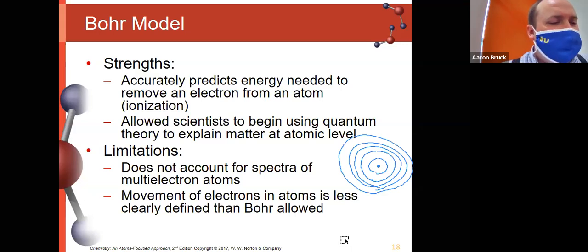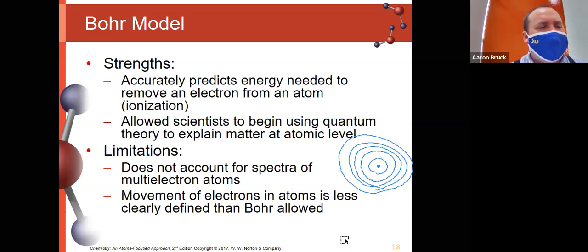Where it had its limitations, however, it only worked for hydrogen. The Rydberg equation only works for hydrogen and for hydrogen-like ions, that is, ions that contain one and only one electron.